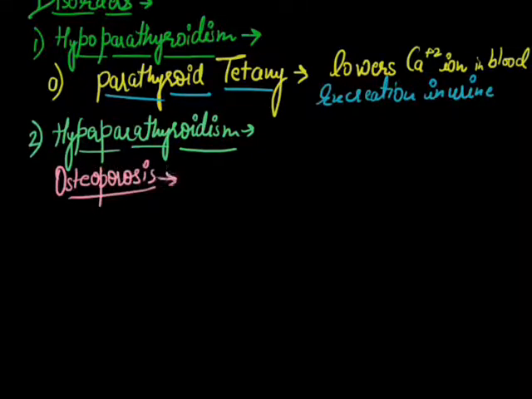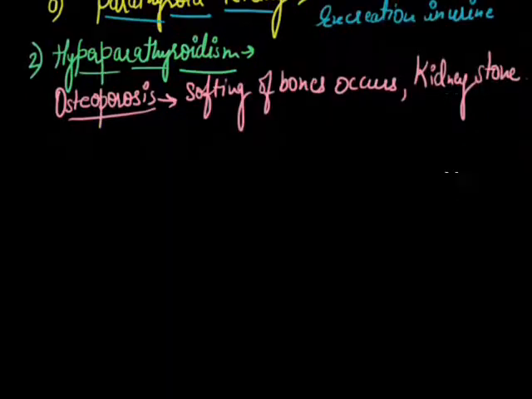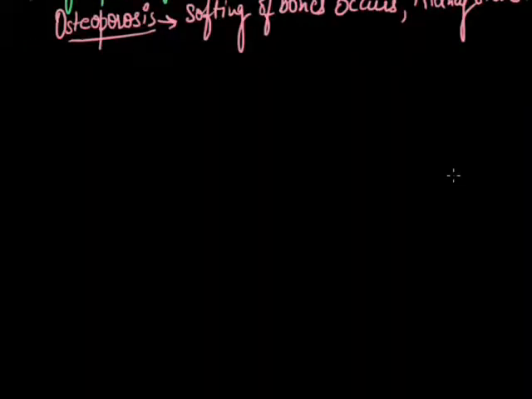In osteoporosis, softening of bones occurs, and sometimes it results in kidney stones. So this is all about the disorders of the parathyroid.